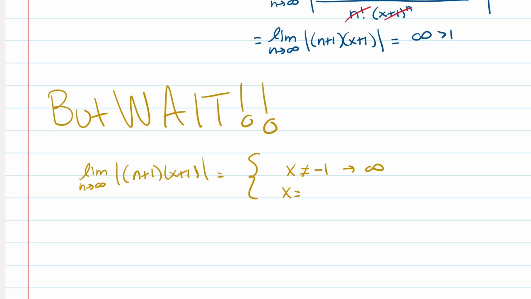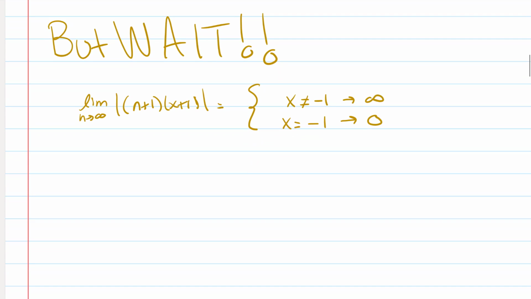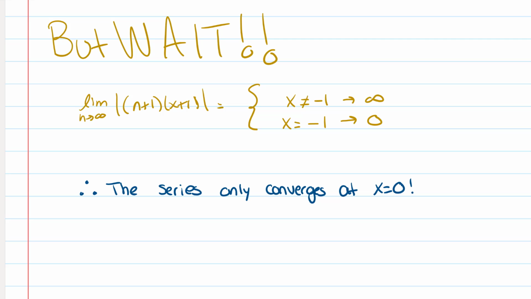However, when x is equal to negative 1, this will go to 0, because when you multiply n plus 1 times 0, you get 0, and you do that before you take the limit. This is that special case that I was talking about, where it will only converge at one particular x value. So we get that the series only converges at x equals negative 1 and nowhere else.